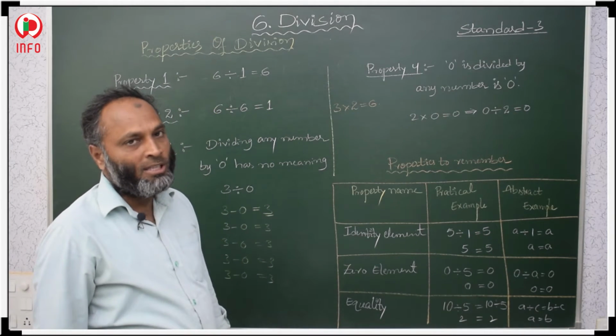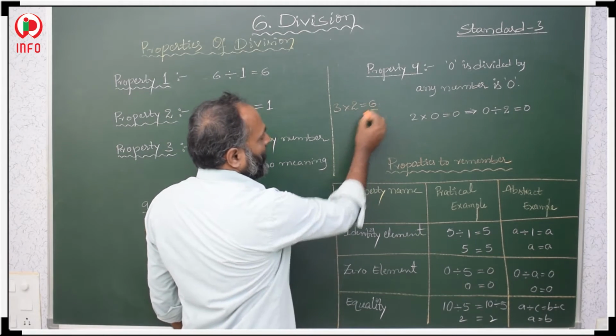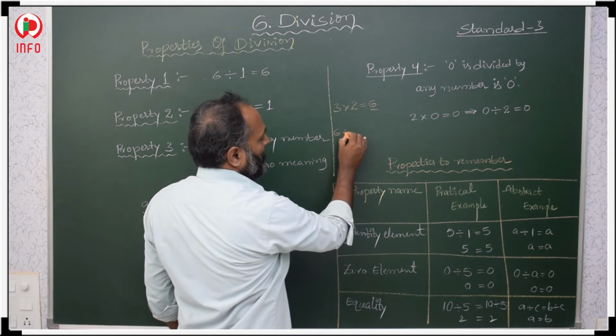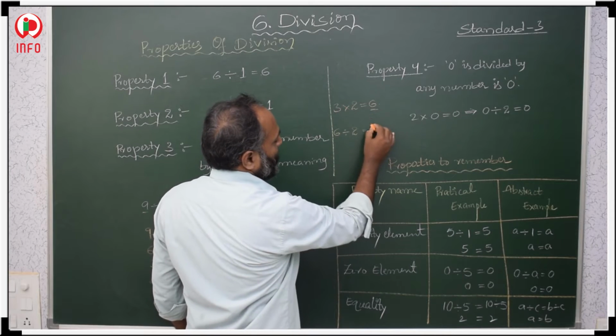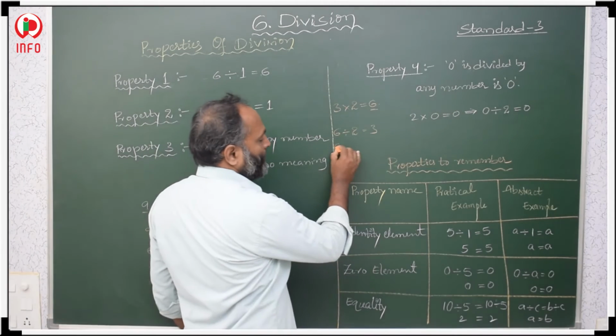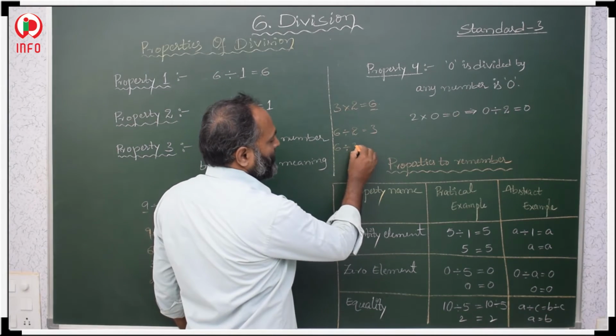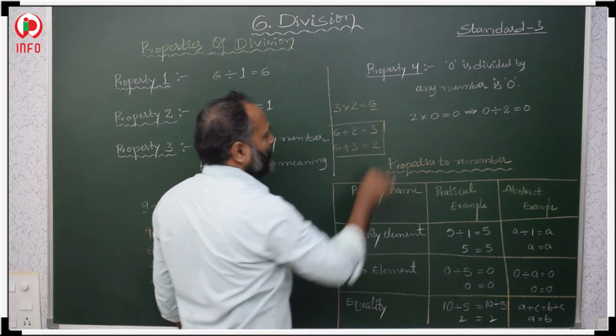Then how do we convert this multiplication fact into a division fact? What is the product? If this product is divided by the first factor, then you should get the second factor. Otherwise, if you divide the product by the second factor, you should get the first factor. So, these two are the division facts.